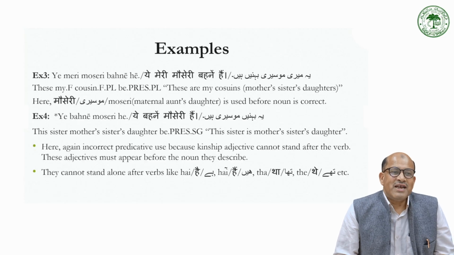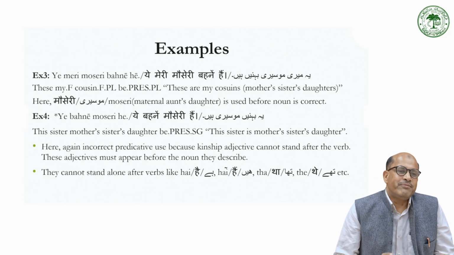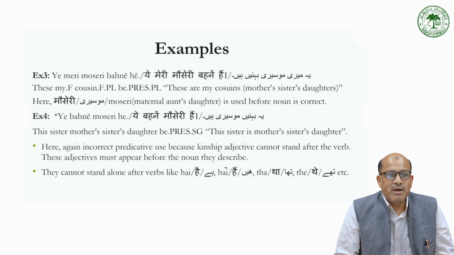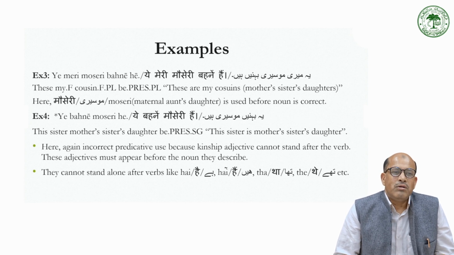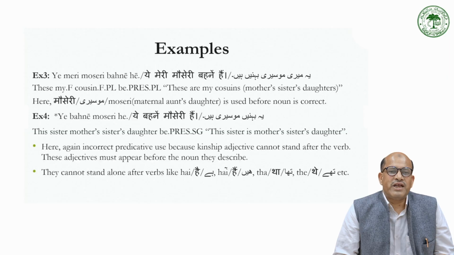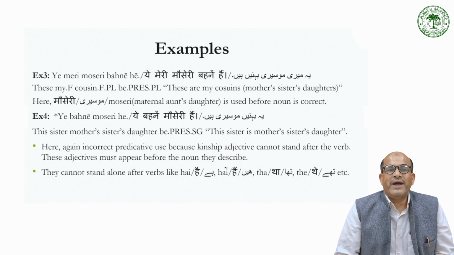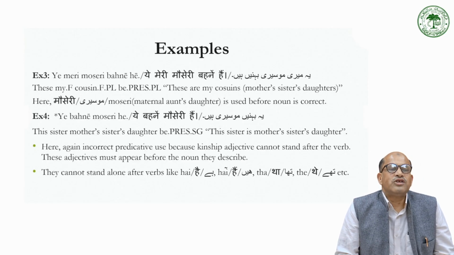If you look at another example, with kinship terms, referring to relationship terms: ये मेरी मौसेरी बहनें हैं. In Urdu we call it ये मेरी खालाजाद बहनें हैं. So these are my cousins, my mother's sister's daughters. So mauseri is used before the noun bahnein, which is correct. ये बहनें मौसेरी हैं is not commonly used.